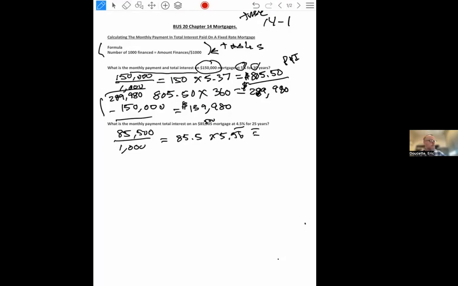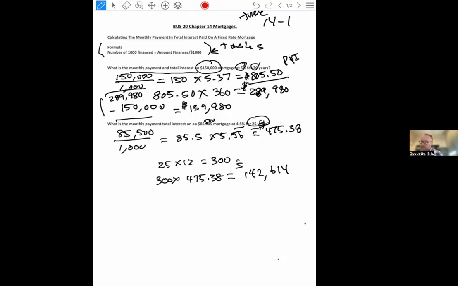If I do the math on that, it comes out to $475.38 per month, right? And if I'm doing it for 25 years, so 25 times 12 equals 300 payments. So 300 times 475.38 will equal $142,614.